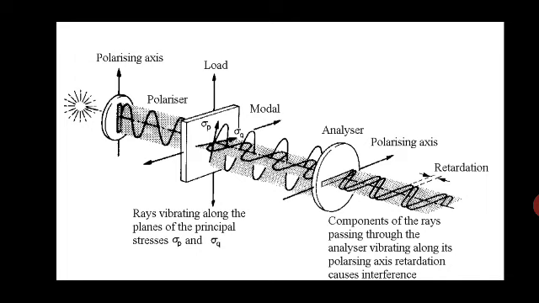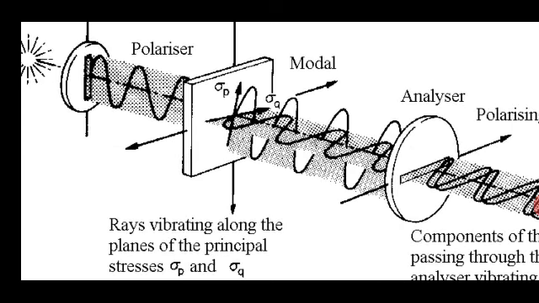Suppose the polarizer and analyzer combination coincides with the directions of sigma q and sigma p, then for the stresses at one point of the model, in general there will be a locus of points in the model along which this dark condition is satisfied.